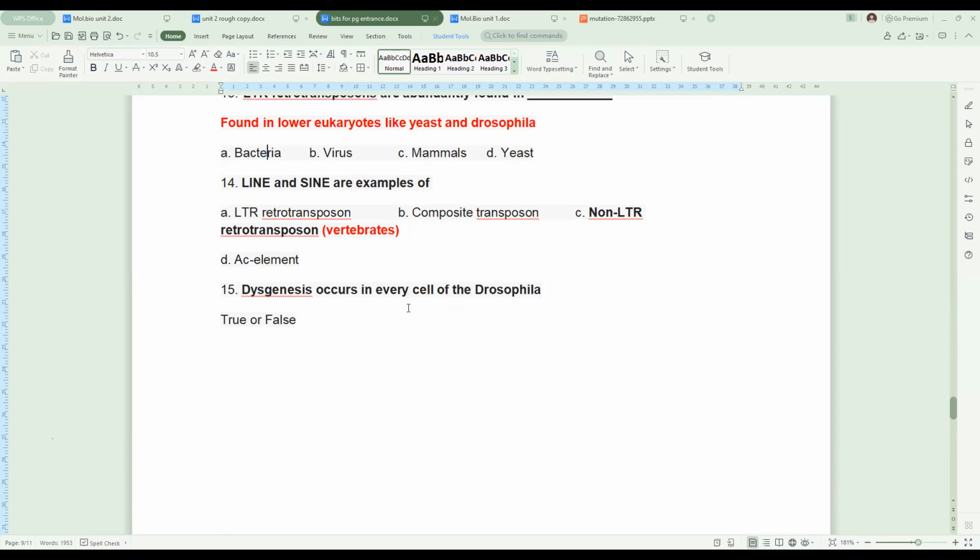Next statement: dysgenesis occurs in every cell of Drosophila. P elements are responsible. Just check this question. Does dysgenesis occur in every cell or not? Answer is false. It won't occur in every cell.